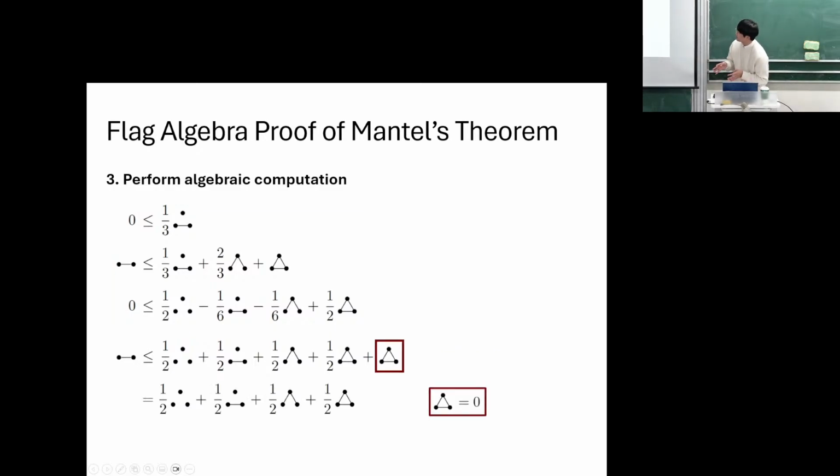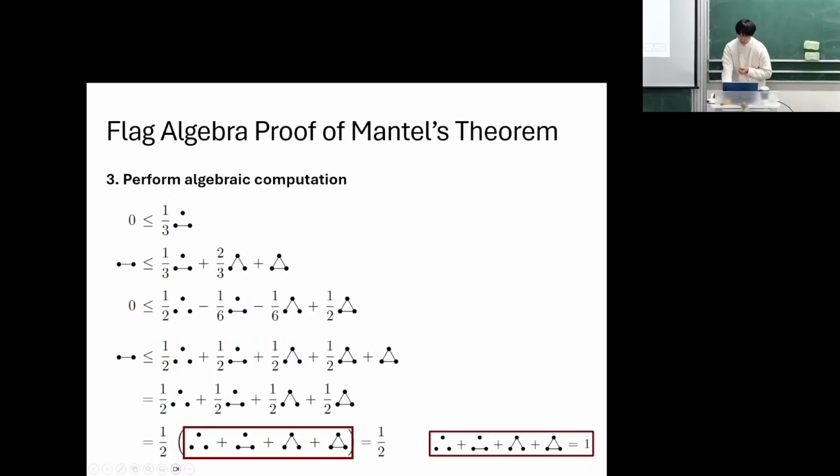Since we assume that K3 is 0, the last term disappears. By grouping the coefficients, the red box's expression becomes equal to 1, so we can conclude that K2 is less than or equal to 1 over 2. Therefore, the proof of Mantel's theorem is complete.